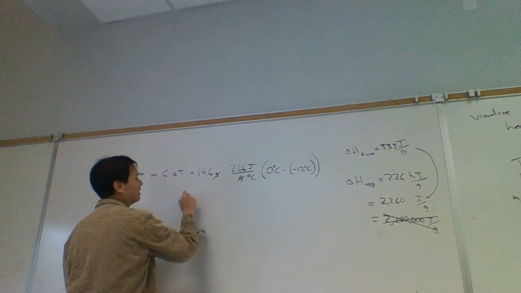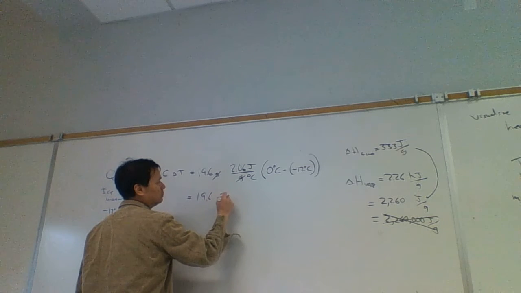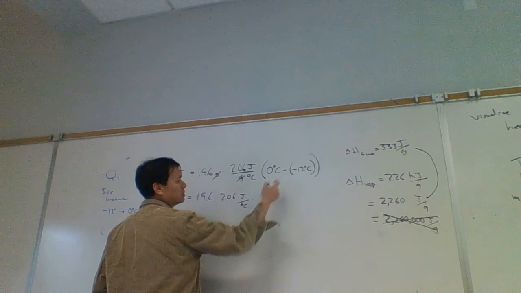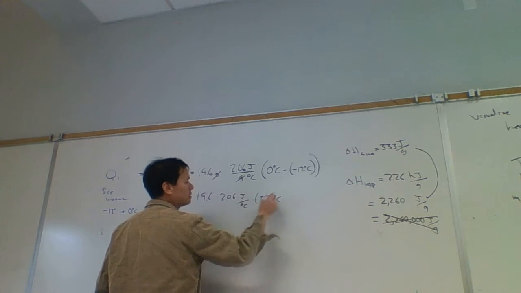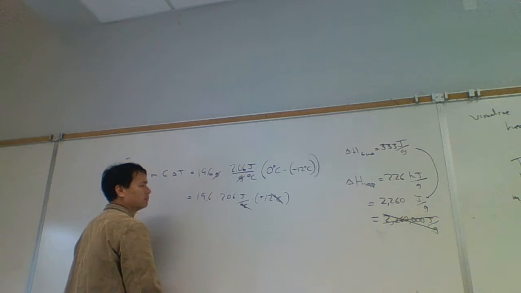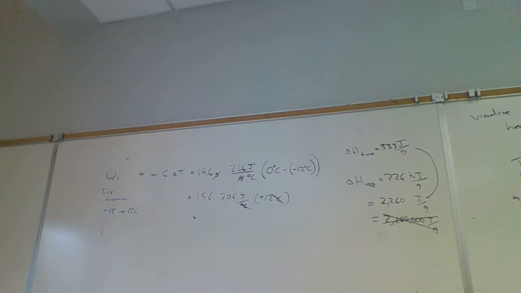And so what this is going to come out to is 19.6 times 2.06 joules per degree C times plus 12 degrees C. Plus 12 degrees C means it's warming. So the degrees C cancels. For the first segment, how much energy will it take to warm up the ice? 19.6 times 2.06 times 12.